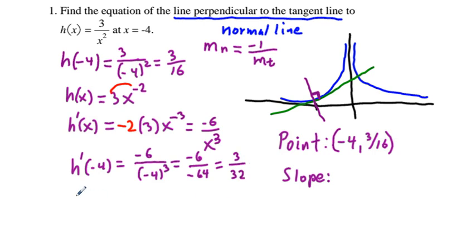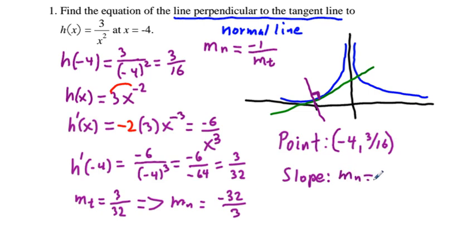And so m sub t is equal to 3 over 32, and therefore m sub n is going to be our negative reciprocal, which is -32 over 3. So for slope we put m sub n equals -32 over 3.